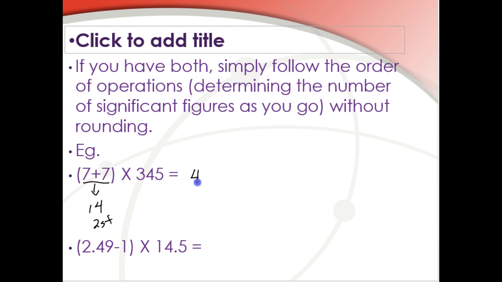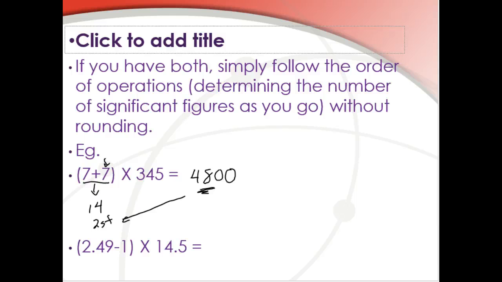But since 14 has 2 significant figures, I'm going to round my answer off to 4,800 to match my 14, not the 7. So I follow my order of operations without rounding. That's very important: follow the order of operations, determining the number of significant figures without rounding.